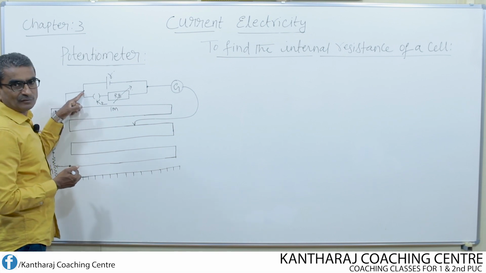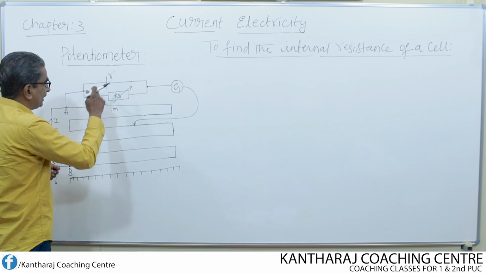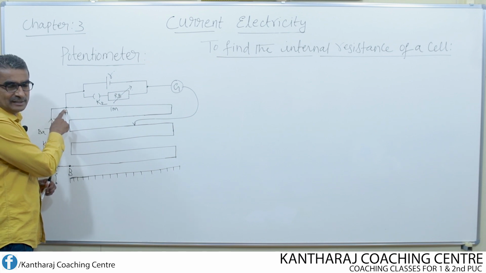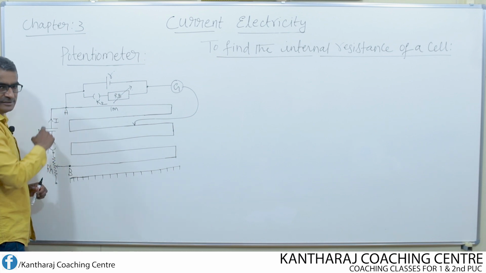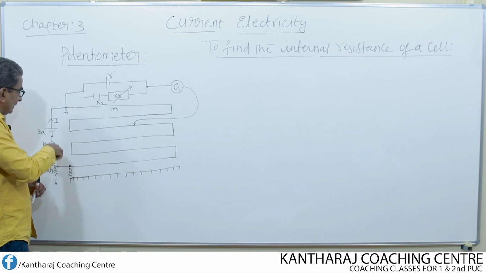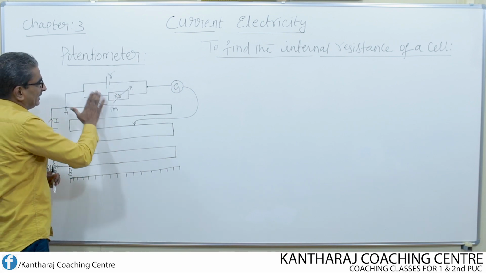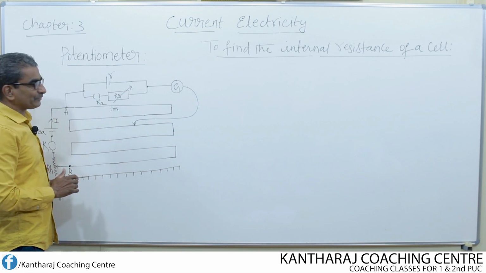Now, one of the common points of this parallel combination is connected to the terminal A of the potentiometer. This part remains as it is, no change. It is the same as in the previous experiment. The only changes we are doing are with respect to this region.